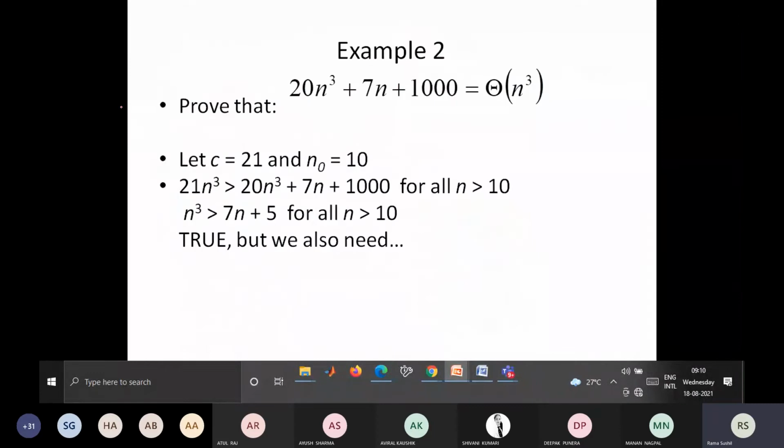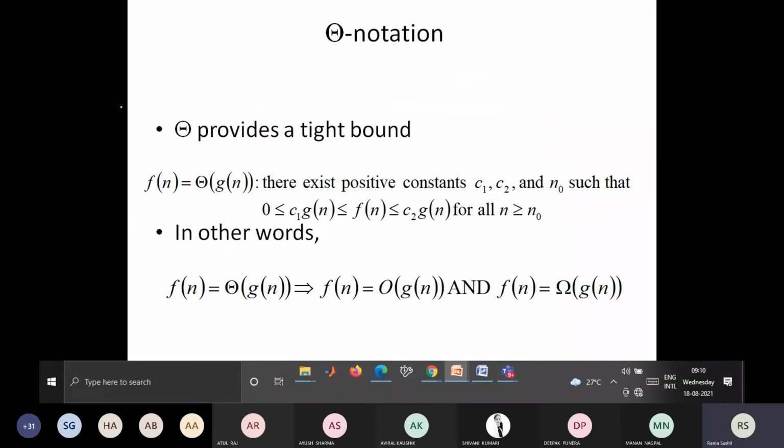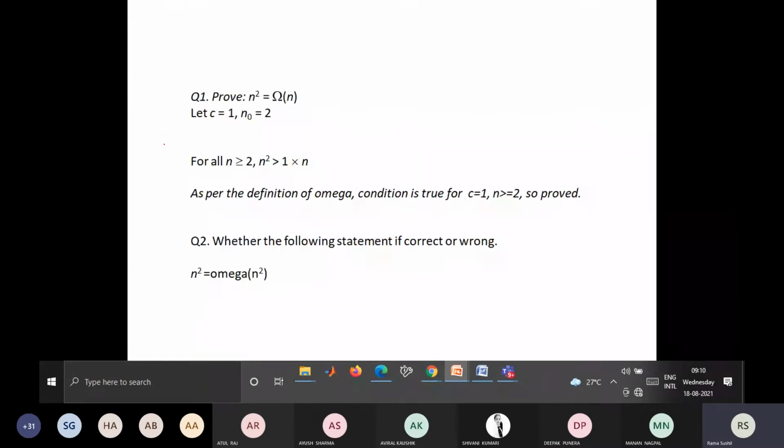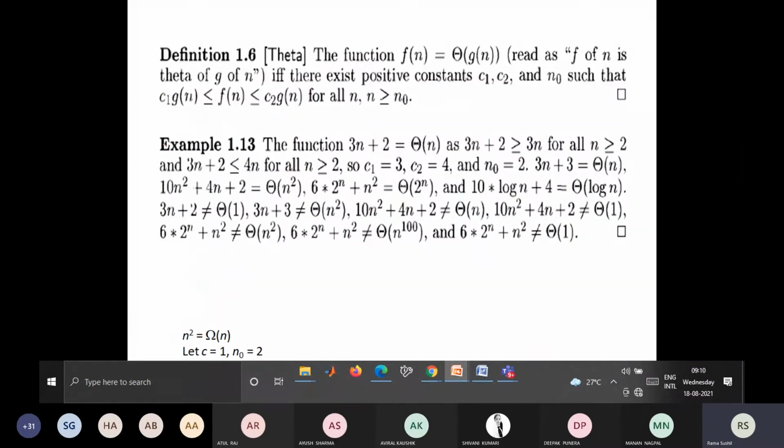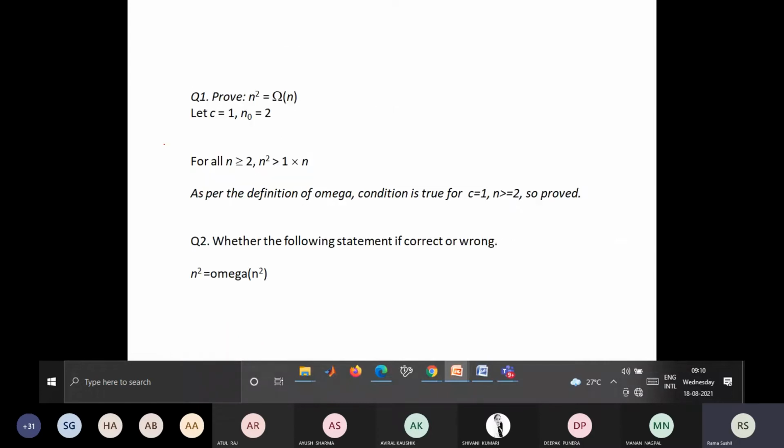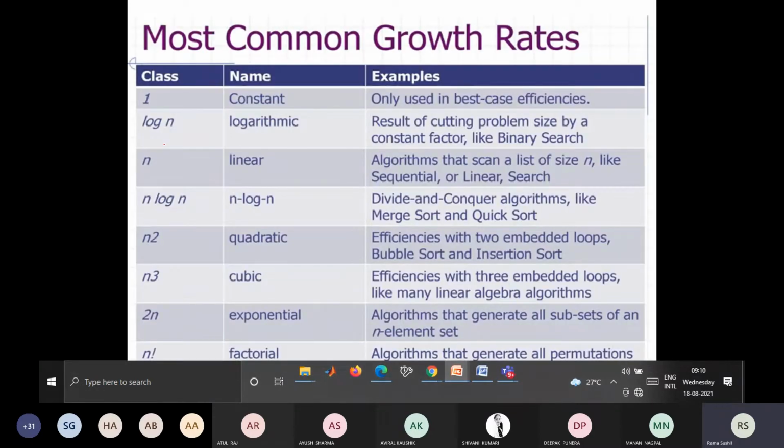It's a mathematical form only. As we discussed, theta is the tight bound, and this slide we have already discussed. Some kind of rearrangements I have made earlier actually. So this example I will discuss after a while. Before that, I would like to show you this particular one.